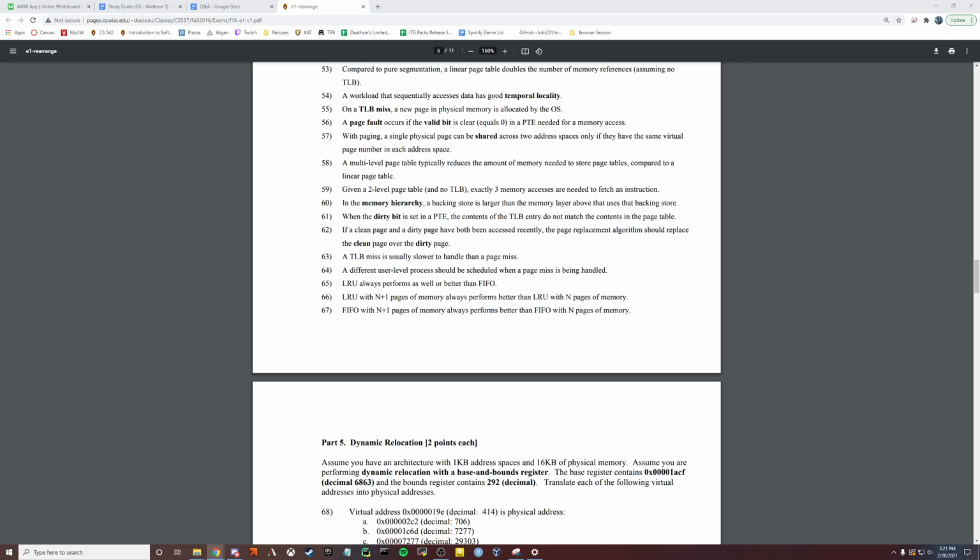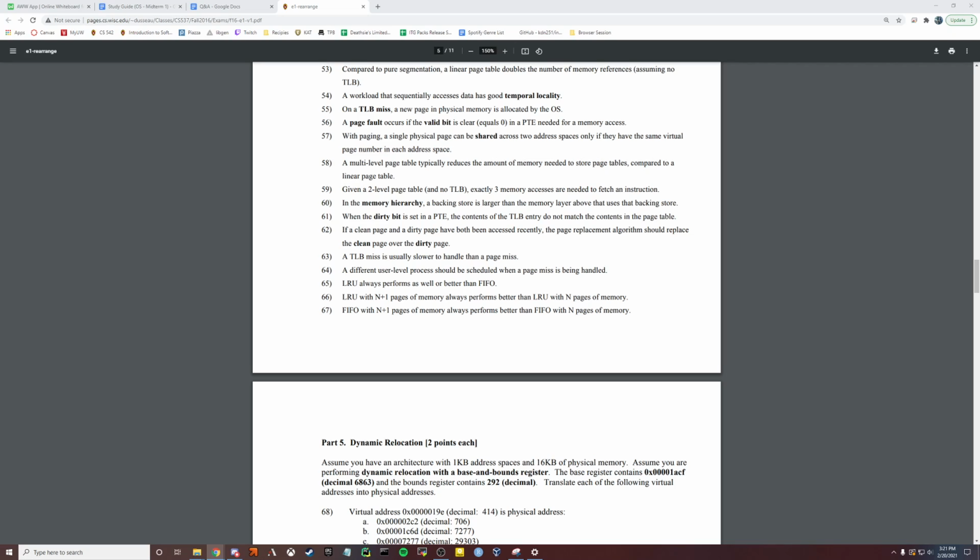So I think that the present bit has to be 0. But not the valid bit? But not the valid bit. Is this the same valid bit that's in the TLB? Or is this different?